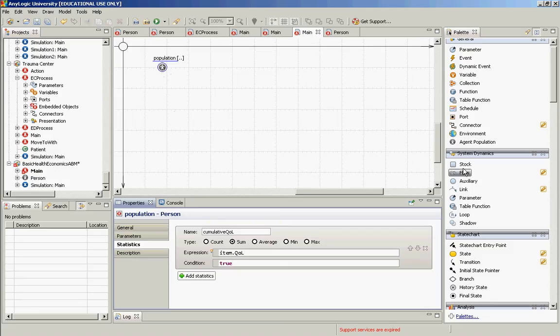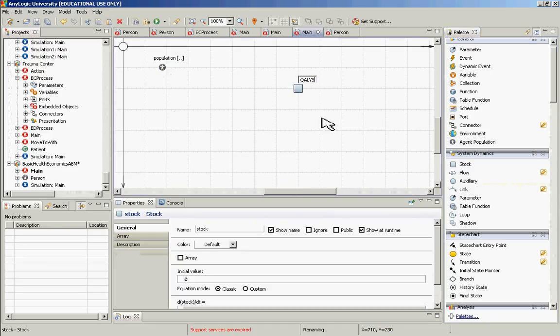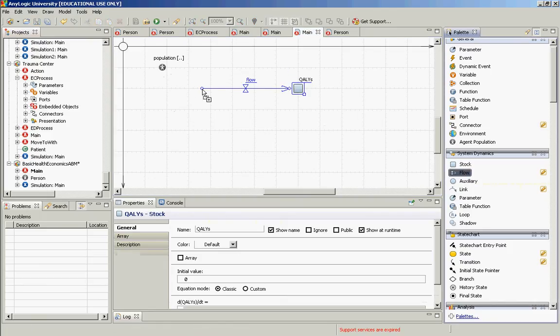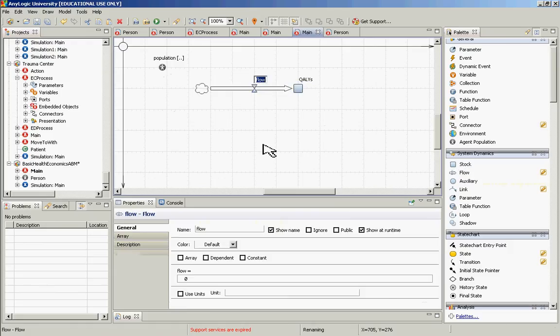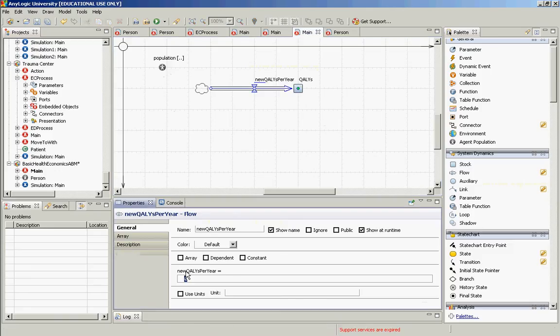Now, we're then going to create a stock, which is going to accumulate the quality of life, quality-adjusted life years lived by this population, and overflow into the stock, which will be new qualities per year, which is in fact set here by that statistic.